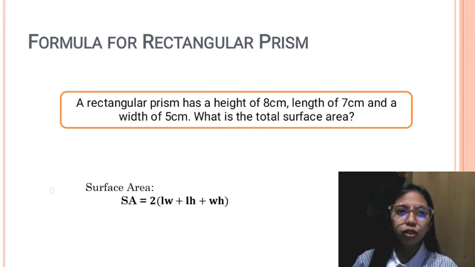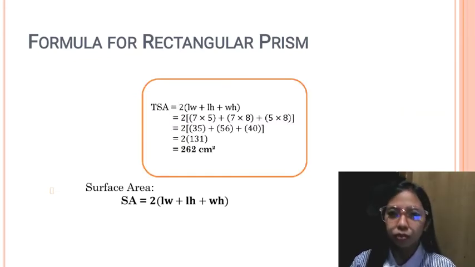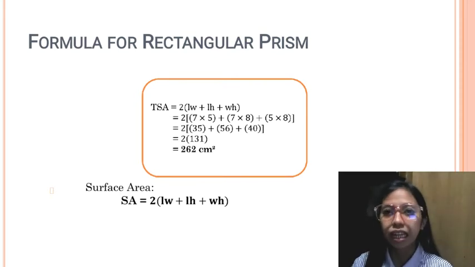So, TSA or total surface area equals 2 times the quantity length times width plus length times height plus width times height.